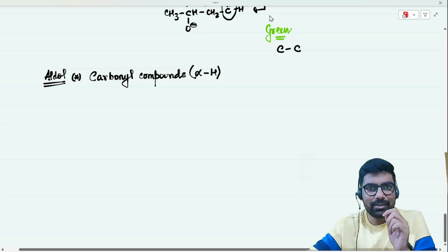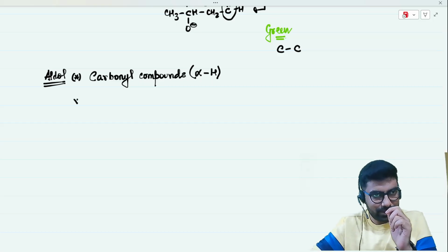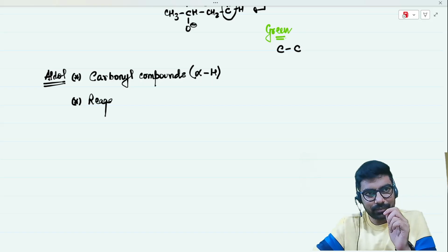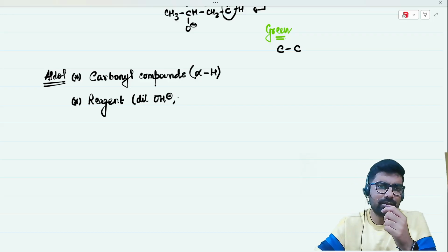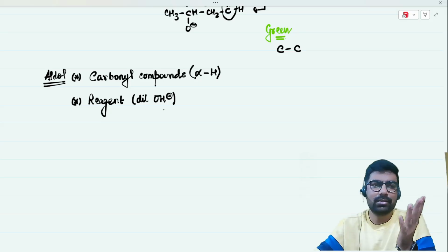What are the reagents that are required? The reagent that we require is a source of dilute OH minus, that can be KOH, NaOH. Okay, so this is the reagent. We get a condensed product.